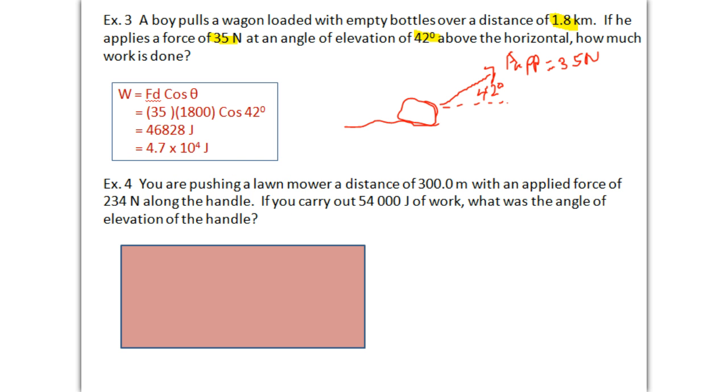Next example, you're pushing a lawnmower a distance of 300 meters with an applied force of 234 newtons along the handle. You're carrying out 54,000 joules of work. What's the angle of elevation?